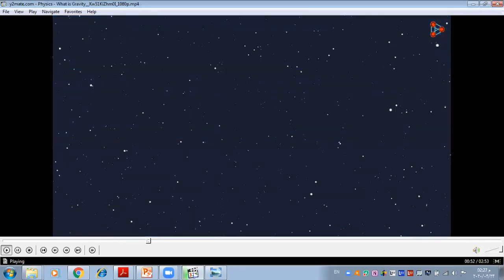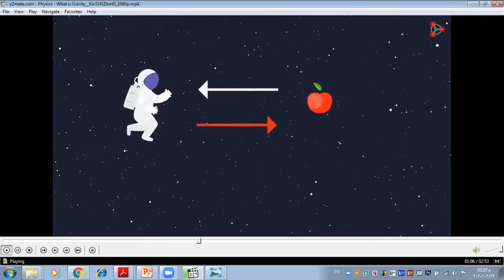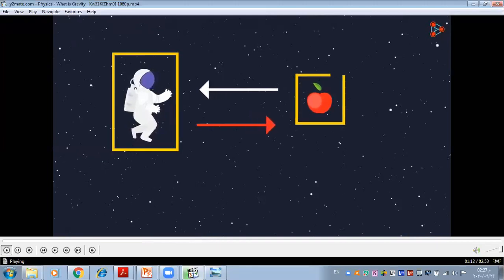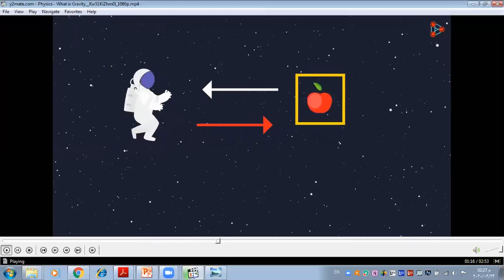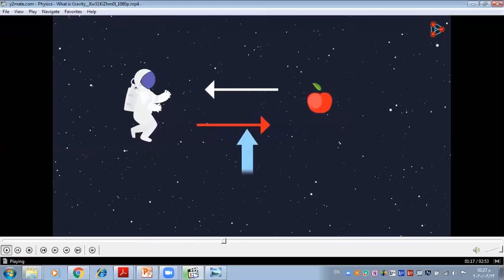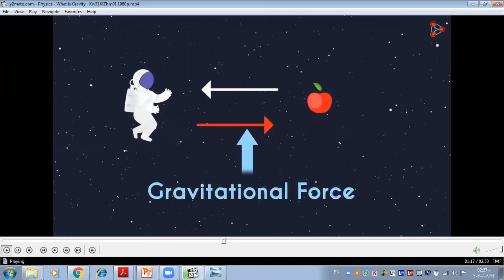Consider your screen to be the universe, and these are any two objects in the universe. They could be planets, or humans, or animals, or whatever. Just that they both have non-zero mass. In this case, both objects are pulling the other object towards each other. This attractive force between any two masses in the universe is called the gravitational force.